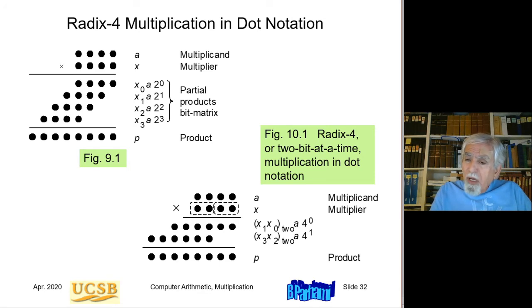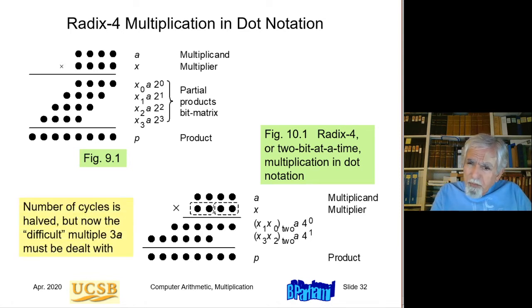Because if we solve this problem, and multiplying 3 by a can be done just as easily as multiplying 1 or 2 by a, we have managed to reduce the number of partial products by a factor of 2, and therefore make it simpler and faster to add them. So we call that 3 times a a difficult multiple.